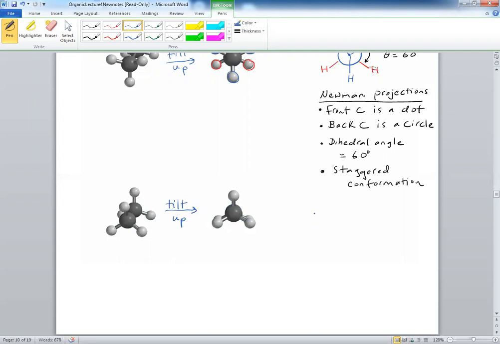So to do this, what you have to do is, again, draw a circle as we did right here. Now, to draw this, once again, the front carbon right here is a dot. And it looks like a Mercedes sign, if you remember the Mercedes symbol. Again, here are the H's.